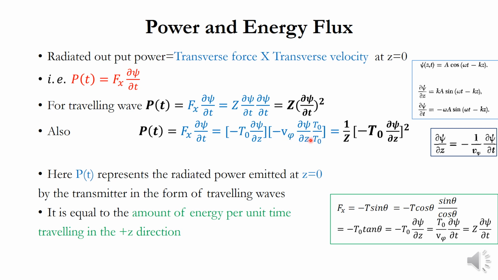This v phi by T0 is Z, so that this becomes 1 by Z into minus T0 dou psi by dou z whole square.